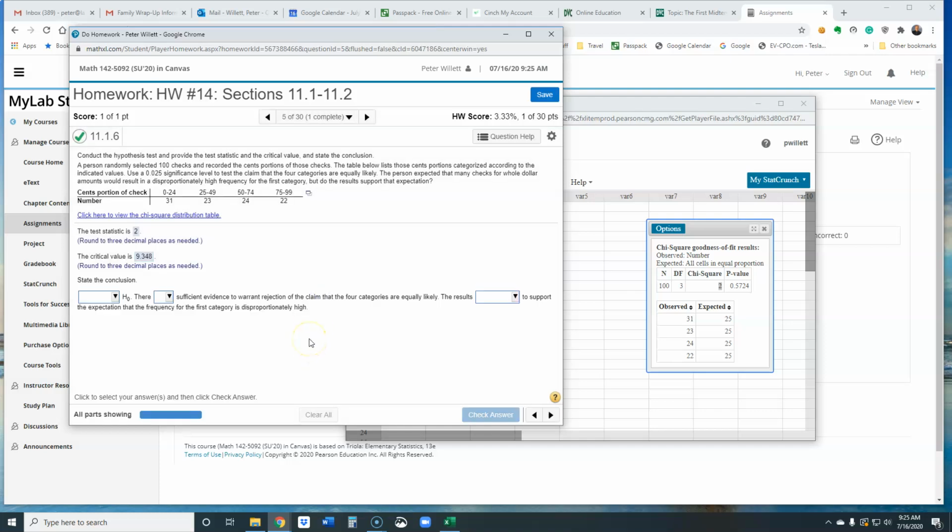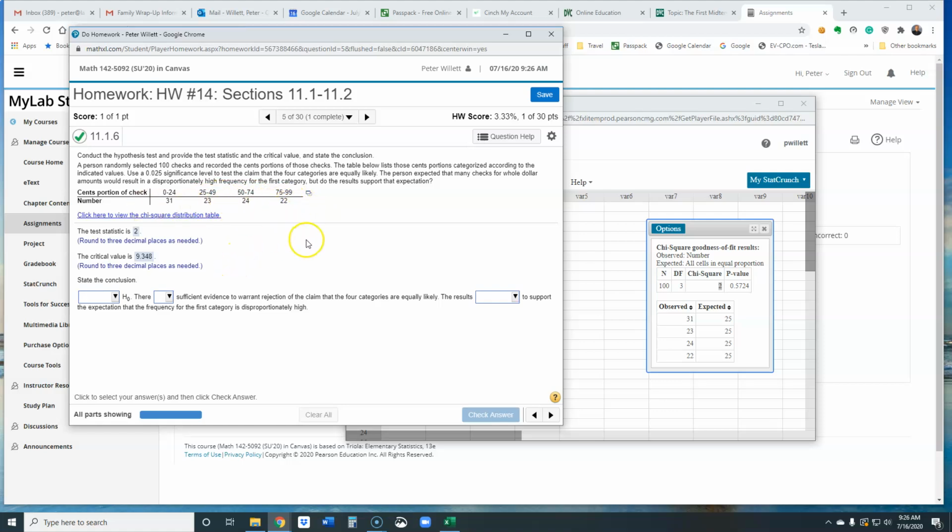And then we need to do the conclusion. So what's going on here? The critical value is 9.348. What that means is that we would have needed our chi-square value to be that value or above to have this significance level of assurance that we could reject the null hypothesis that these are just all equally distributed.